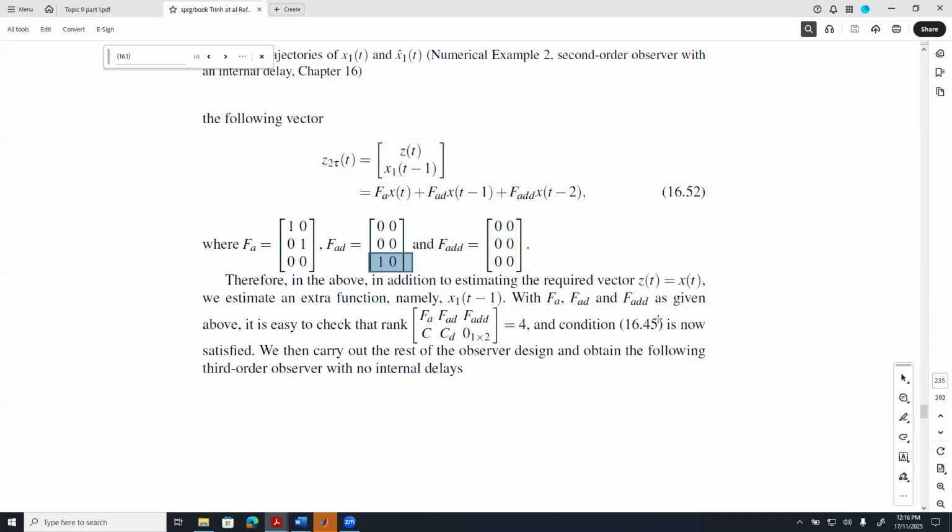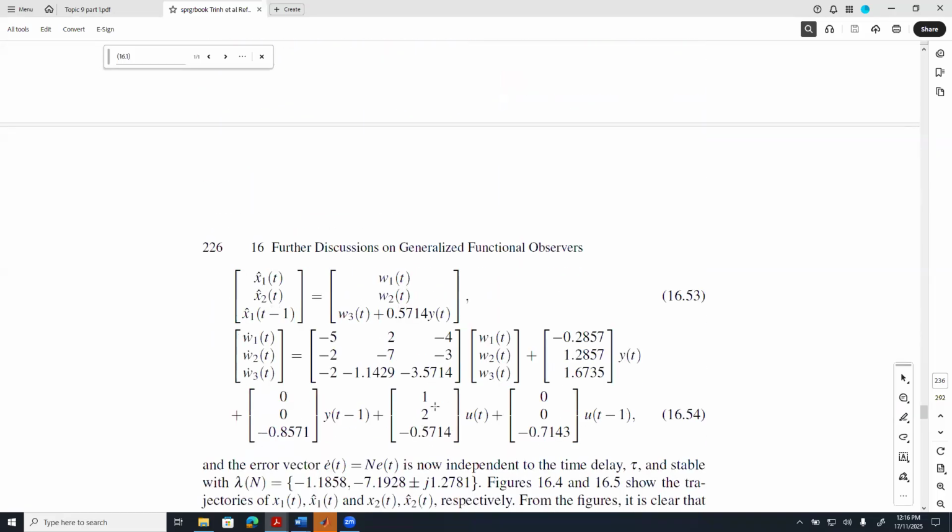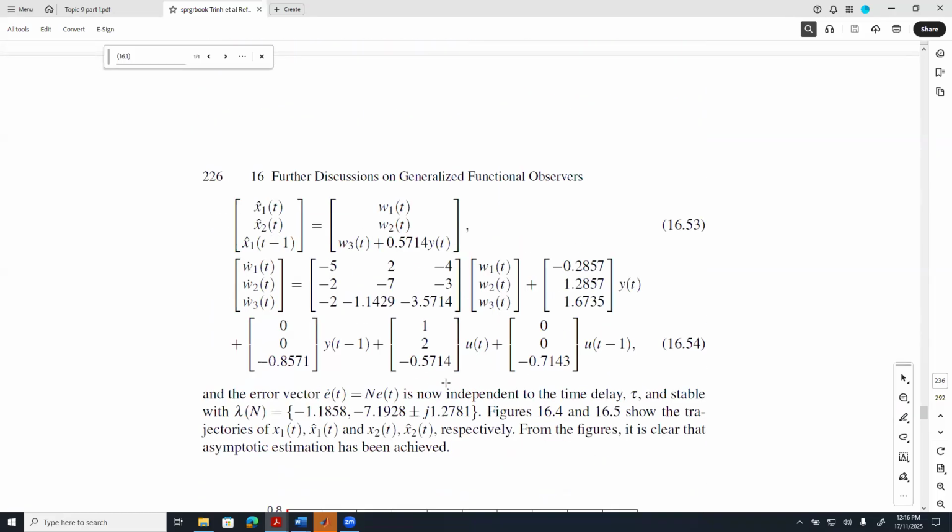And with this extra term in here, we can actually test the condition again. And it's found that it is satisfied. And when it is satisfied, we can go ahead and check the stability of the desired observer. And the matrix N itself is actually stable. Okay, it's now independent of time delay, and it's stable.